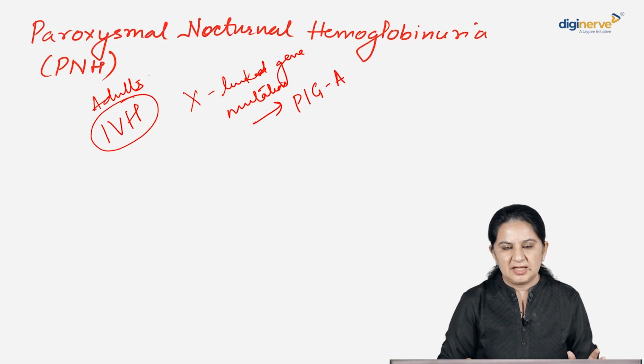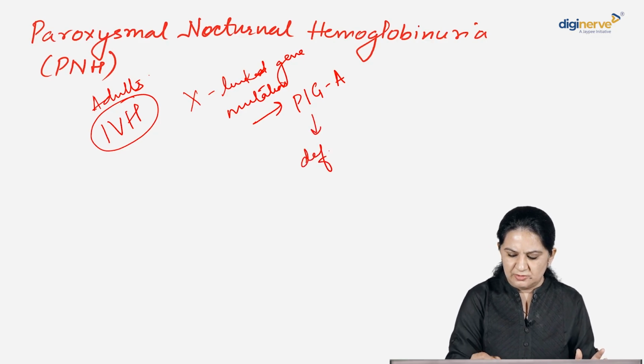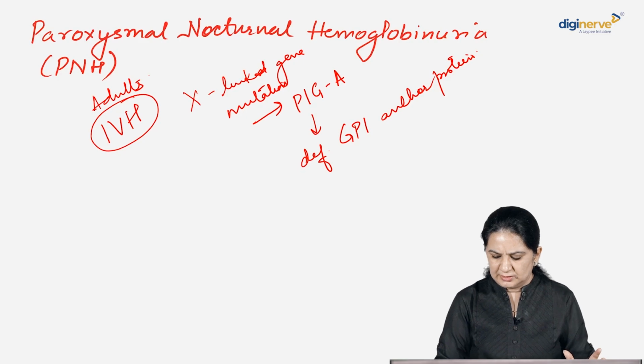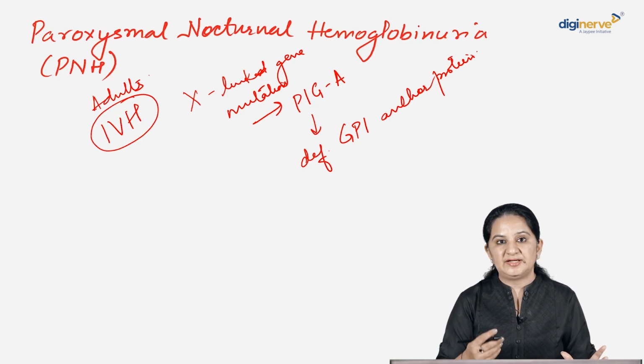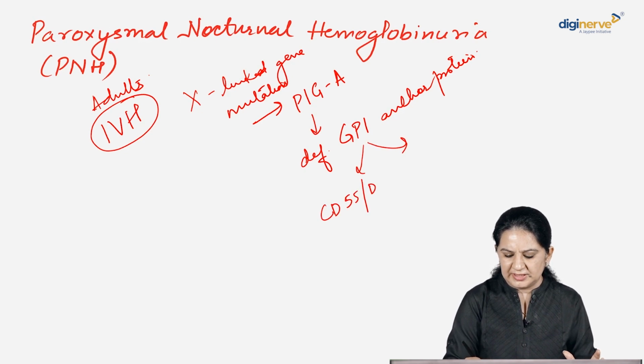PIGA, phosphatidyl inositol glycoside A. A defect in this gene leads to deficiency of GPI anchor protein. Normally the RBCs are protected against complement mediated activation and subsequent lysis by two GPI linked proteins, known as CD55 or DAF and MIRL or CD59.